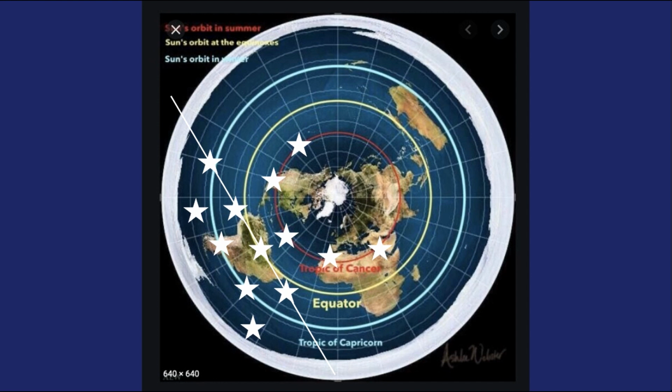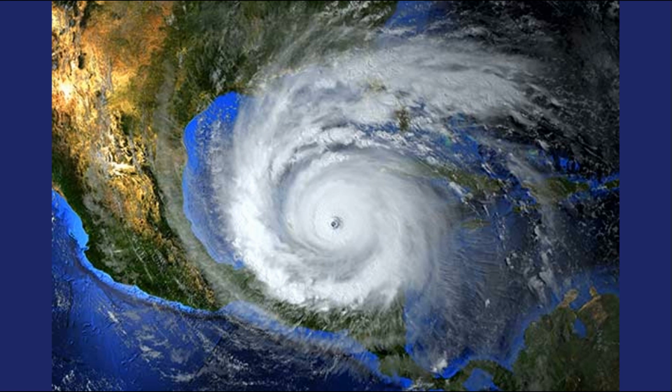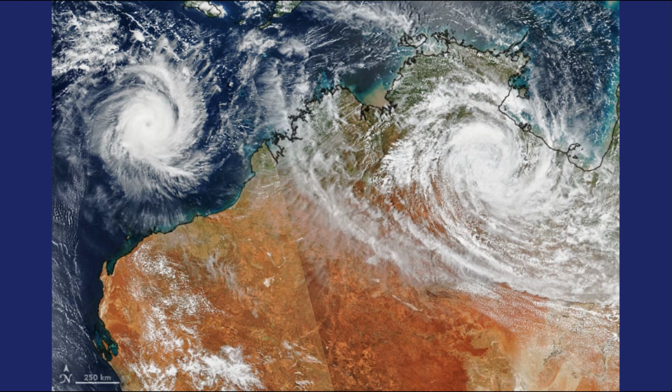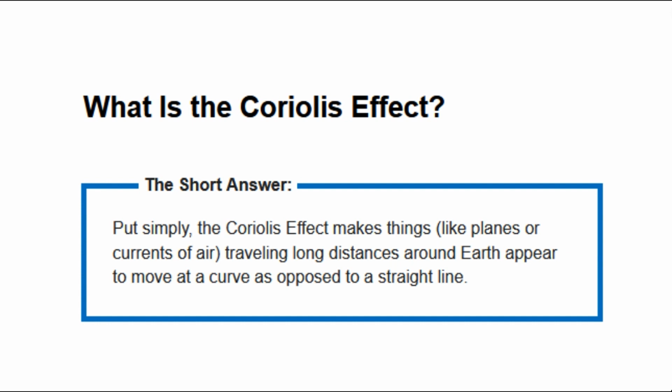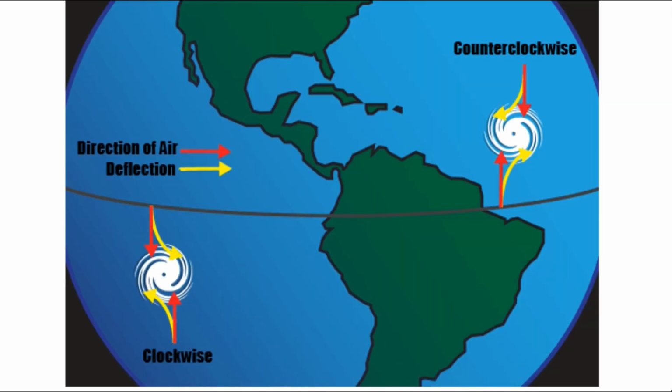And then in part 2, I spoke on how what we call in the northern hemisphere hurricanes and typhoons rotate in a counterclockwise direction, and in the southern hemisphere they rotate in a clockwise direction due to the Coriolis force, which absolutely makes no sense on a stationary flat earth.